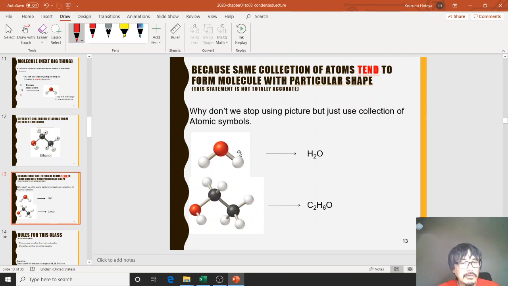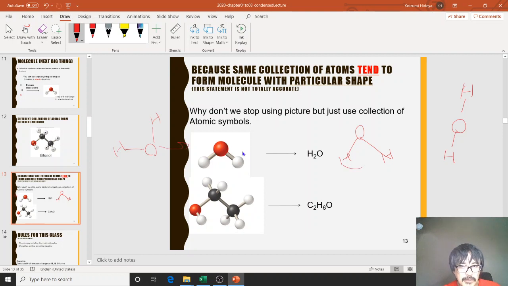So H2O, I wrote it as sort of a bent shape molecule, looks like this, right? You're not going to find the H2O molecule with a straight line. It may rotate in orientation, but they are the same, right?